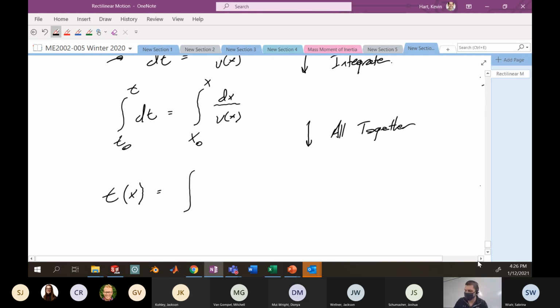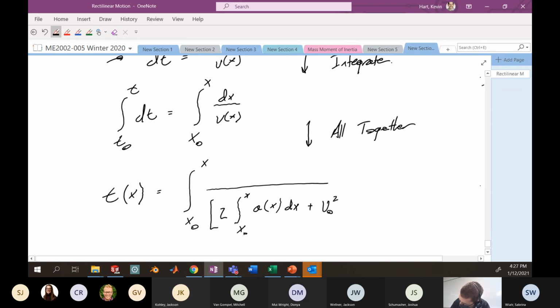Here we have a bit of a tricky integral, but we know that the velocity v_x can be written in terms of the acceleration, which is a function of position. So here we have some initial position x naught, some final position x, and my expression for the velocity in the denominator, which I have from before: 2 times this integral from initial position to final position x of my acceleration as a function of position, plus the initial velocity squared, all this to the 1/2 power, dx, plus whatever initial time I had.